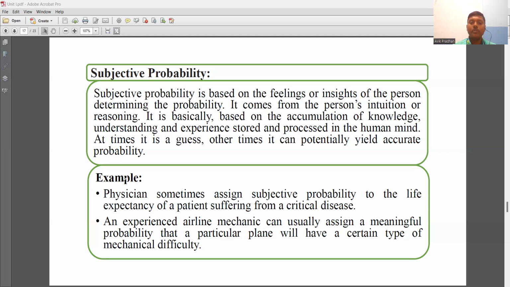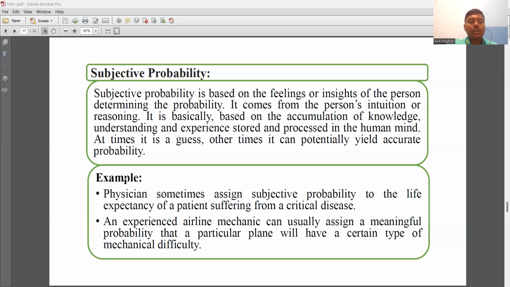So the probability of life expectancy of that patient given by one doctor can be different from that of another doctor. This subjective probability, given by the person or the decision maker, is different from the mathematical definitions, the classical approach or the statistical approach.